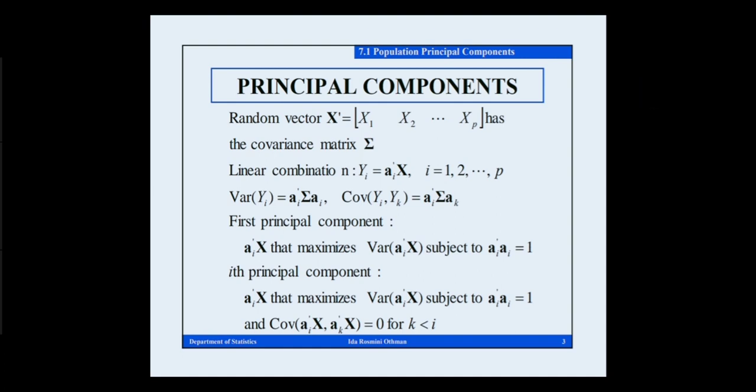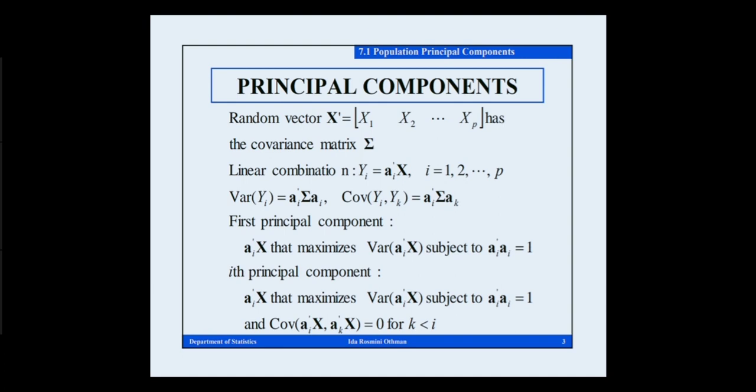You know how to find the covariance matrix, but in this case it is usually given, so that you can determine the principal components. And then we also have the linear combination, which is yi equal to ai transpose x. If you look at the textbook page 431, the linear combination is shown in equation 8.1, page 431.